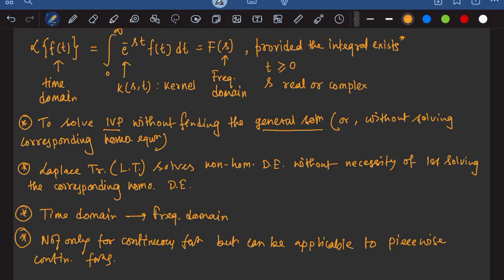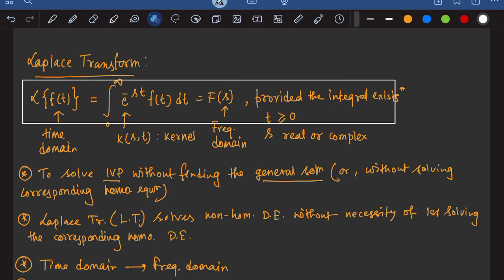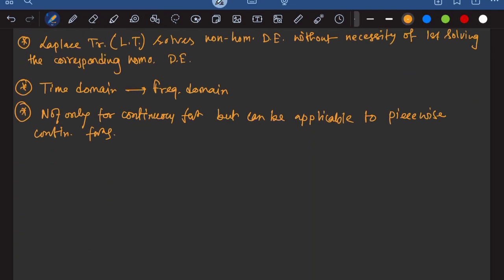So these are a few direct advantages of having Laplace transformation. We'll see when we solve questions that these things will become more elaborate to all of you. This is the basic definition of Laplace transformation, and here we have the formula, and these are a few advantages of having it.